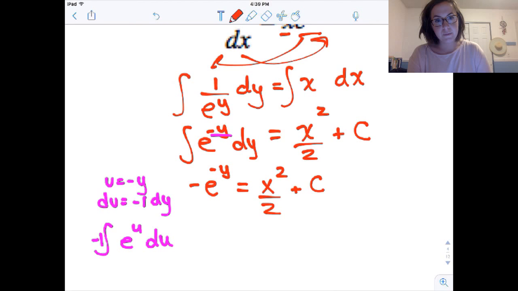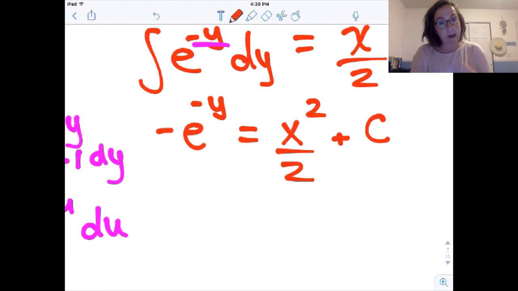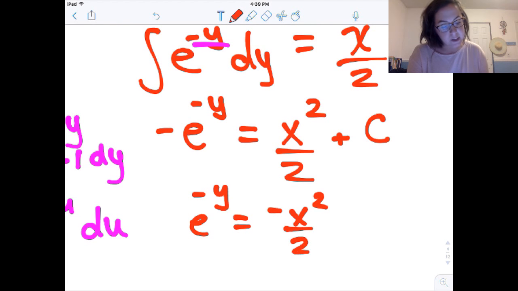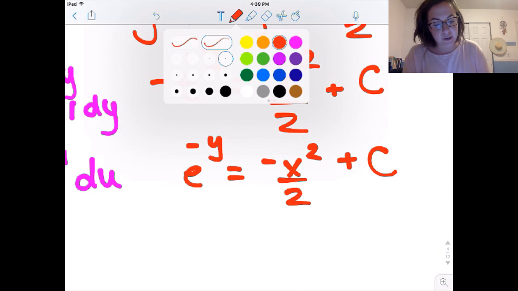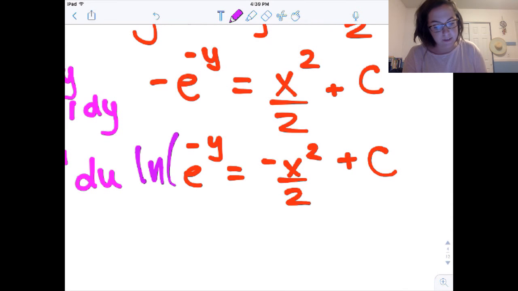So again, sometimes you get lucky. So now I need to solve for y. So this would be multiplied by negative 1 on both sides. So e to the negative y is negative x squared over 2. Again, you can make this minus c, but it's still a constant, so leaving it as plus c isn't a problem. Now I'm going to take the natural log of both sides, sticking with our Valentine's Day colors here.